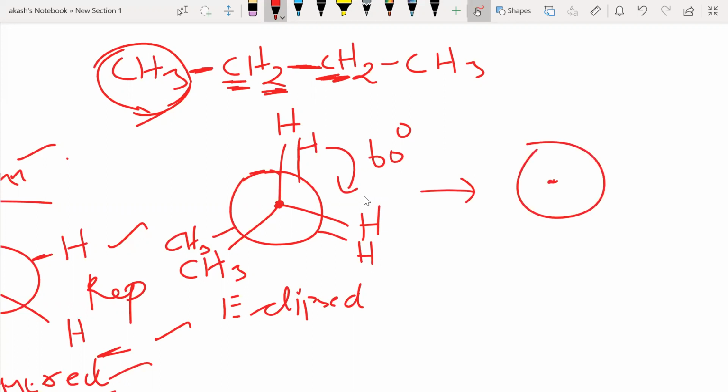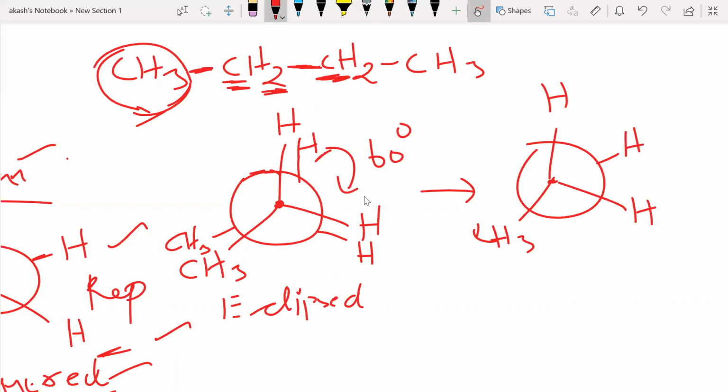So, carbon, H. Oh, this is CH3. Okay, right. Now, if I rotate by 60 degrees, what happened is this hydrogen atom would have come here. Okay, this rotated by 60 degrees.